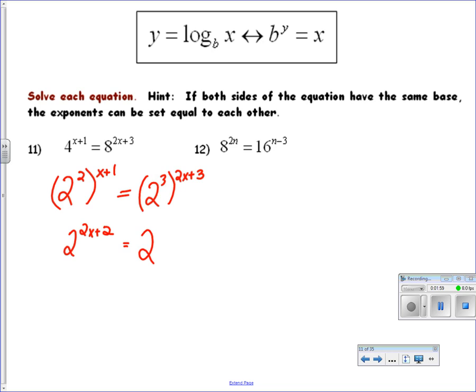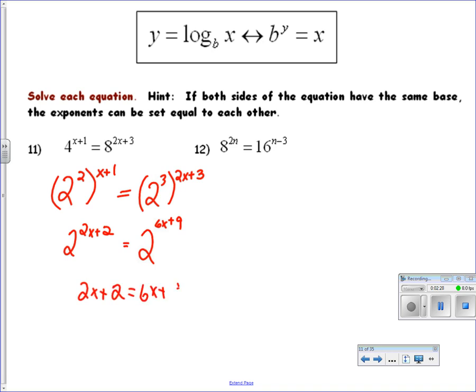Okay, now we have the other side. If there was nothing there, then you would just set it equal to whatever the exponent is. But here there is some stuff outside, so we're going to have to multiply that out. So 3 times 2x, that'd be 6x, and 3 times 3, which is 9. Since they have the same base, the exponents are equal, so now I can ignore the big 2's.